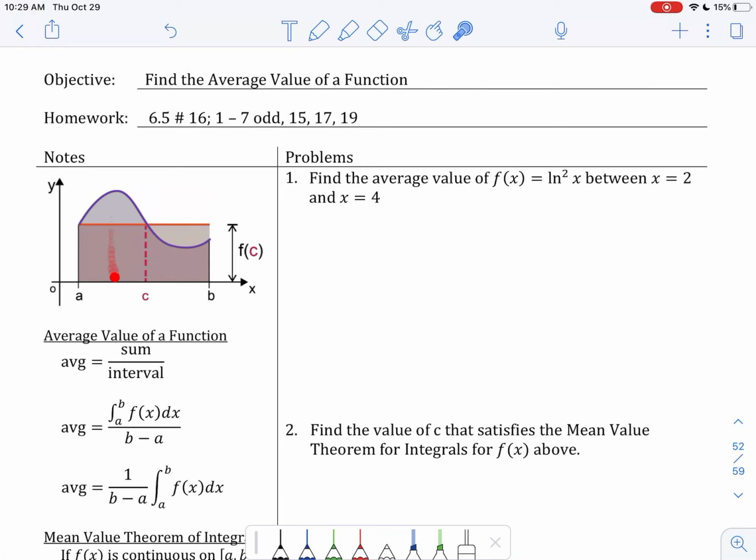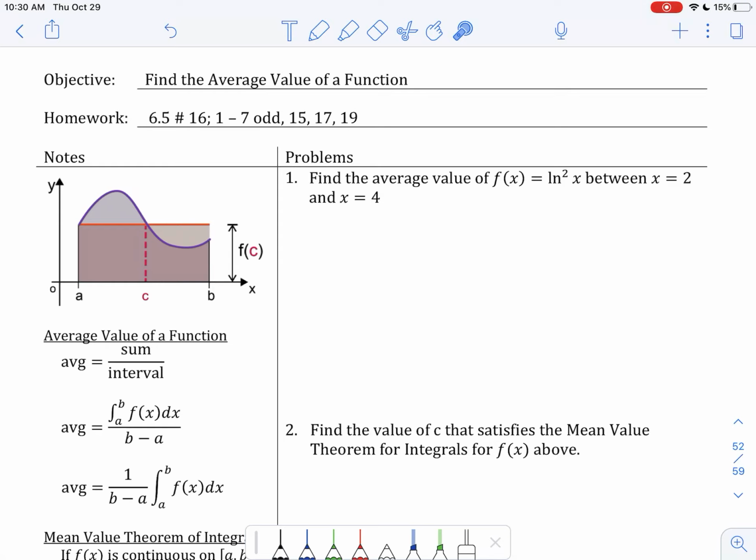So the sum of all of the different values of the function is the value of the integral, and the interval would be from a to b, so b minus a. You'll often see the average value written as 1 over b minus a times the integral instead of dividing it like so.